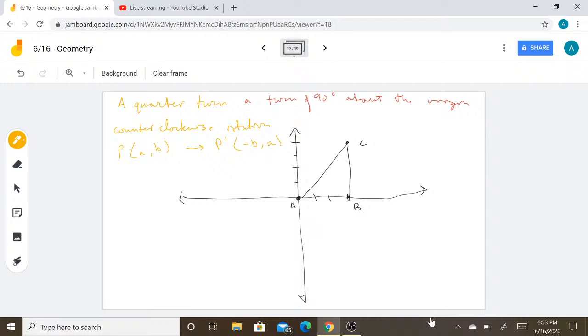So if we try to draw that or plot the points, A is at the origin, and the origin is the center point, so A would not change. C is originally 3 comma 4, but it would become negative 4 comma 3.